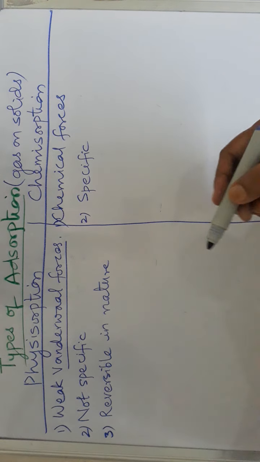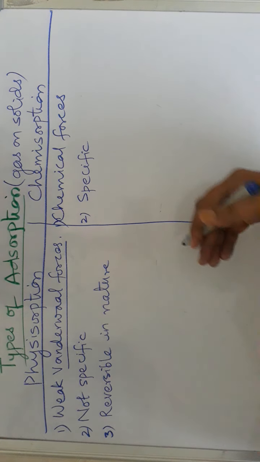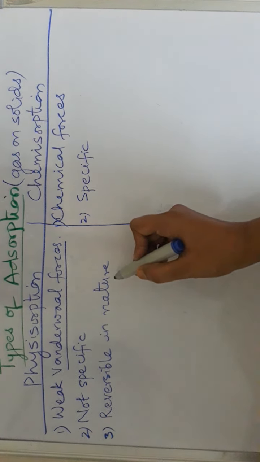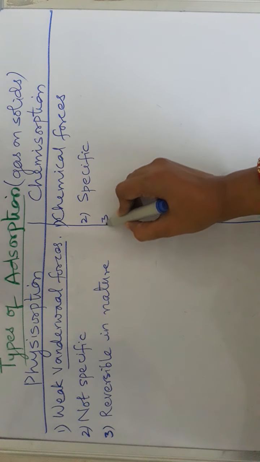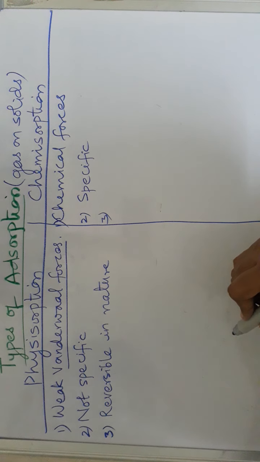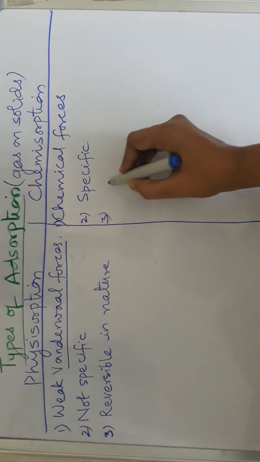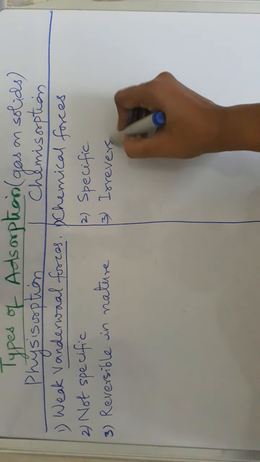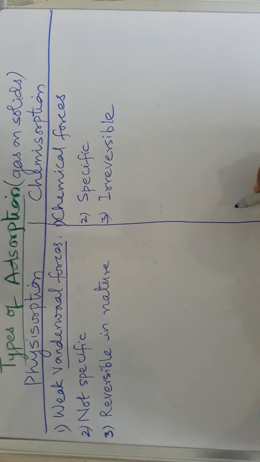Hence the particles which are accumulated on the surface of adsorbent can easily leave the surface of adsorbent. Hence physisorption is reversible. Here in chemisorption the particles of adsorbate are tightly held to the surface of adsorbent. Hence, chemisorption is irreversible.